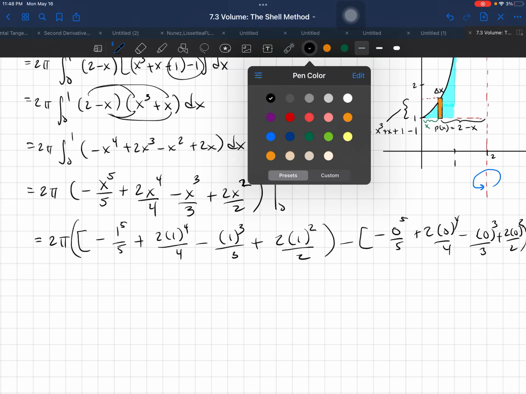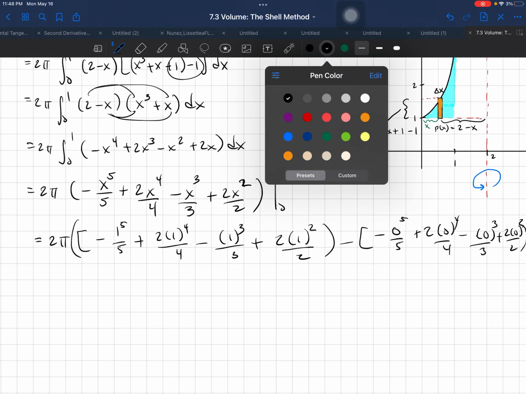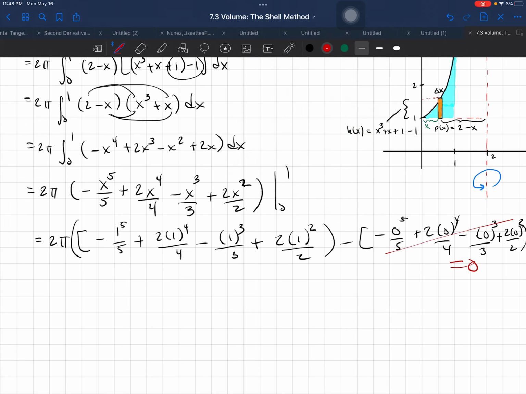All right, so again this is all zeros, so we can ignore that part now. Negative 1/5 plus 2 over 4, that's 1/2, minus 1/3. This is 1.